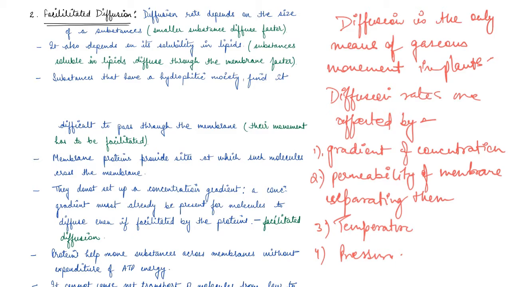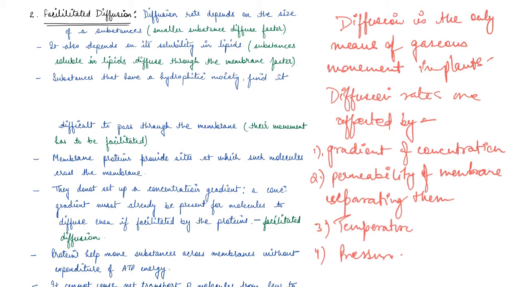These proteins provide sites through which these molecules cross. They do not set up a concentration gradient. The concentration gradient must already be present for molecules to diffuse, even if facilitated by the proteins.